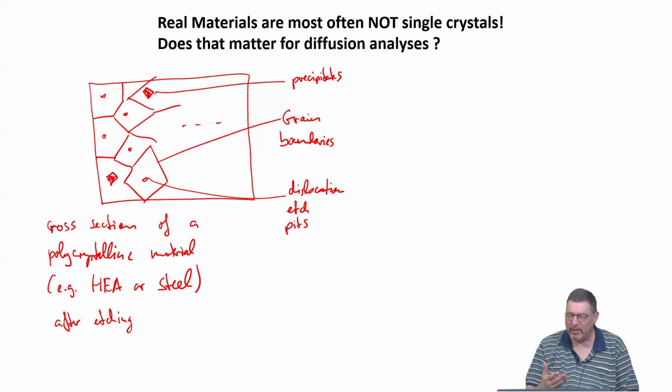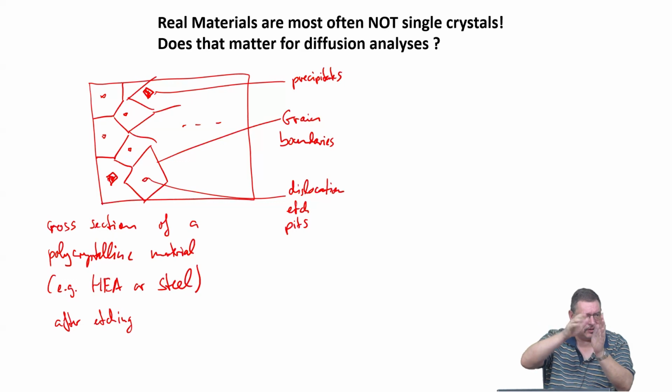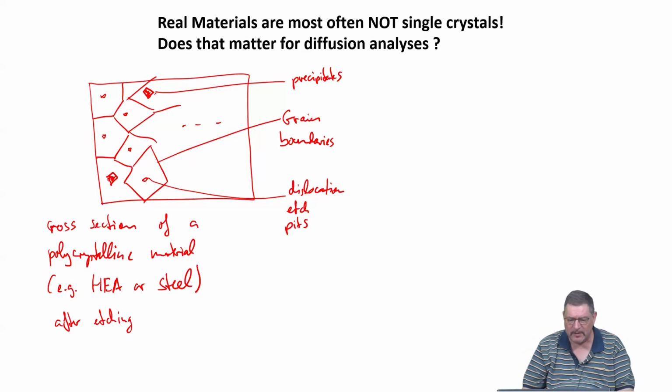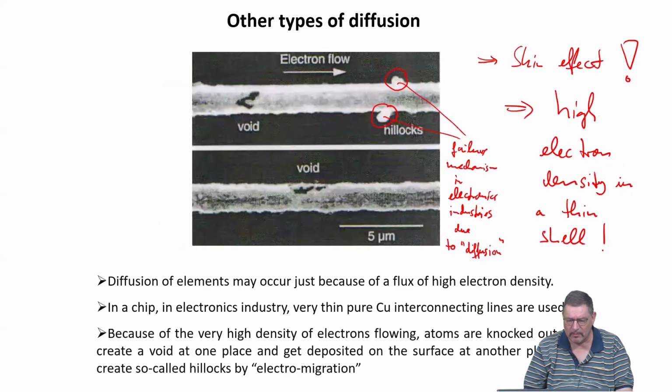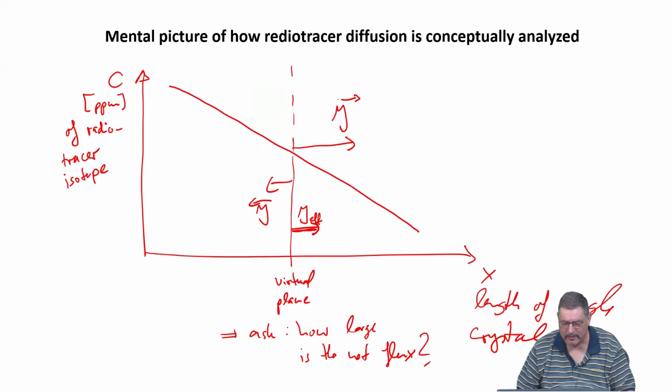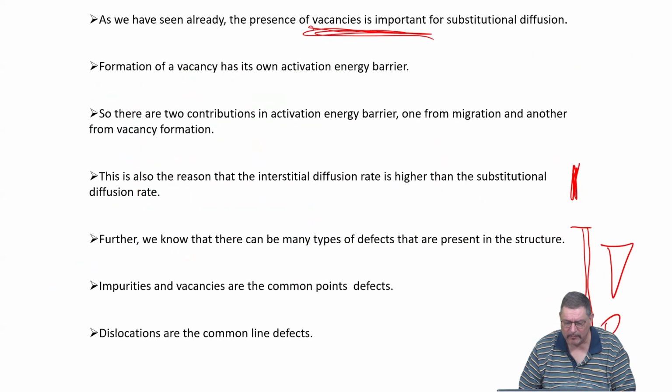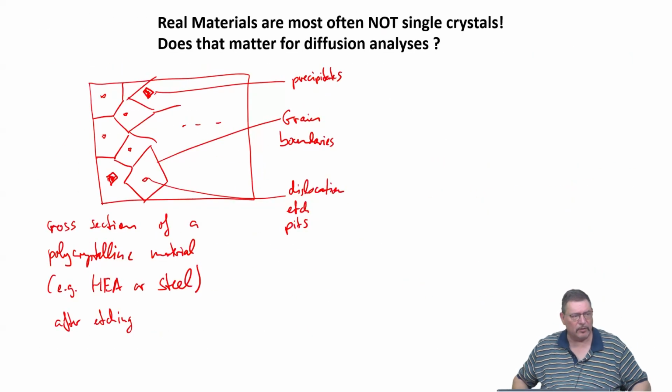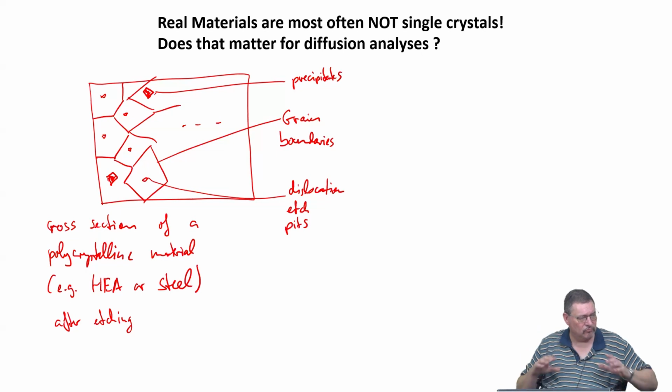So if you go a step back, you don't do the etching, but you just polish. It's still there, right? All the defects are there. If we now mentally take this cross-section and turn it into the image which we have seen here, the cross-section would be on this left side, right? And then we think about now applying our tracer, our marked atoms, and then let them diffuse.